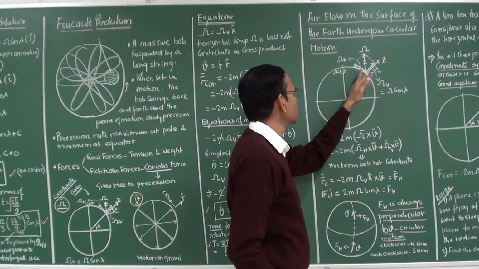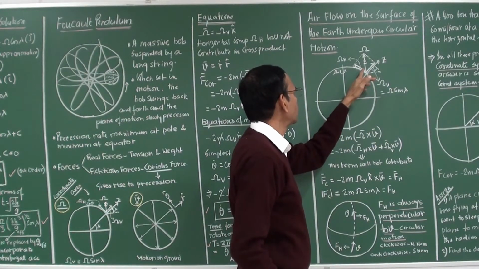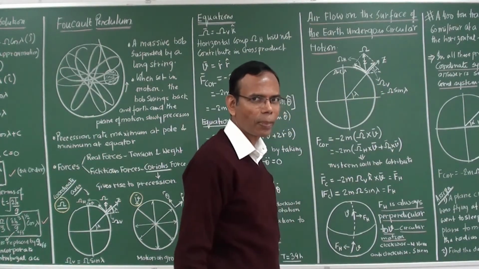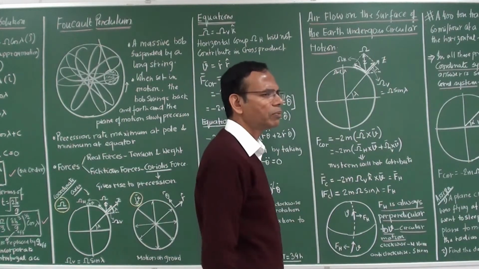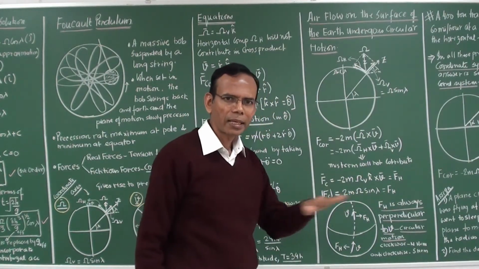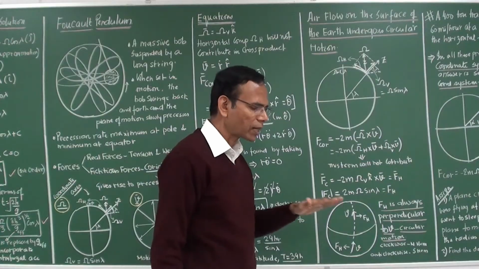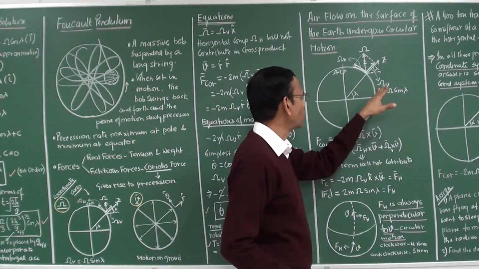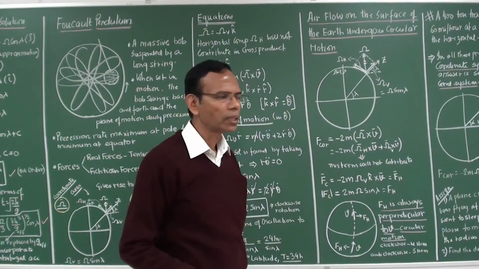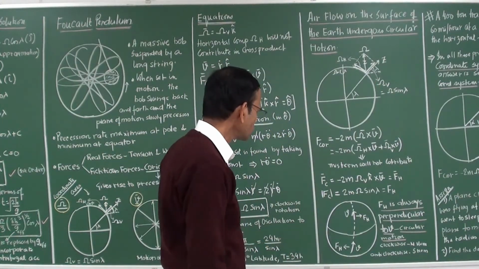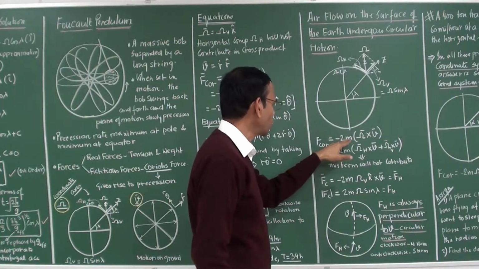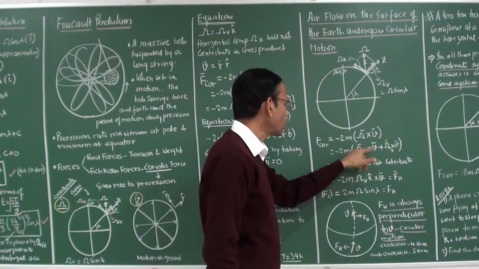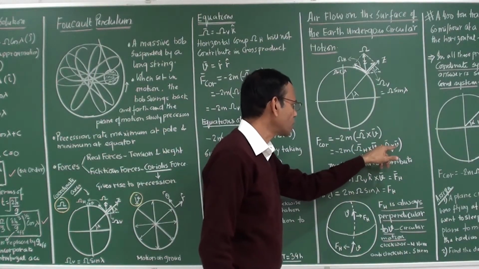So z axis is this, and we resolve omega into omega v and omega h. Now omega h will not contribute much because it is in the same plane. Parallel components, we will see that. Omega sine lambda, that is omega vertical, is the one which will contribute. F Coriolis is minus 2m omega cross v, that is minus 2m omega h cross v plus omega v cross v.